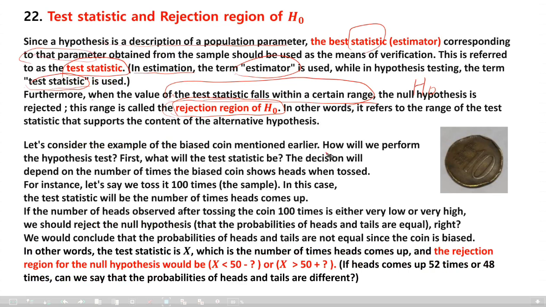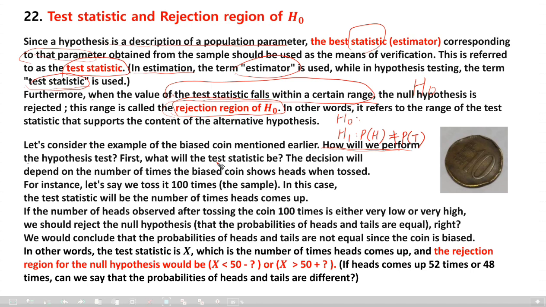Okay, how will we perform the hypothesis test? H0, H1. H1 is what? The probability of heads is not equal to the probability of tails. That is H1. First, what will be the test statistic? How to test it for this problem? You may toss that biased coin many times.